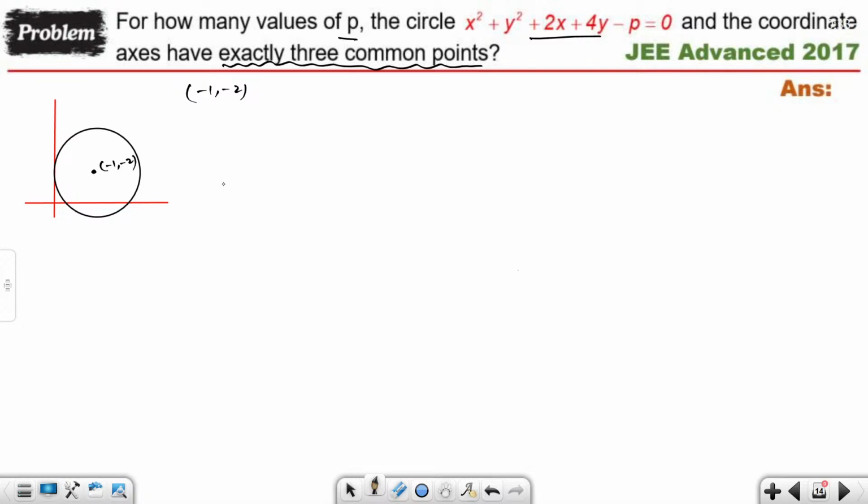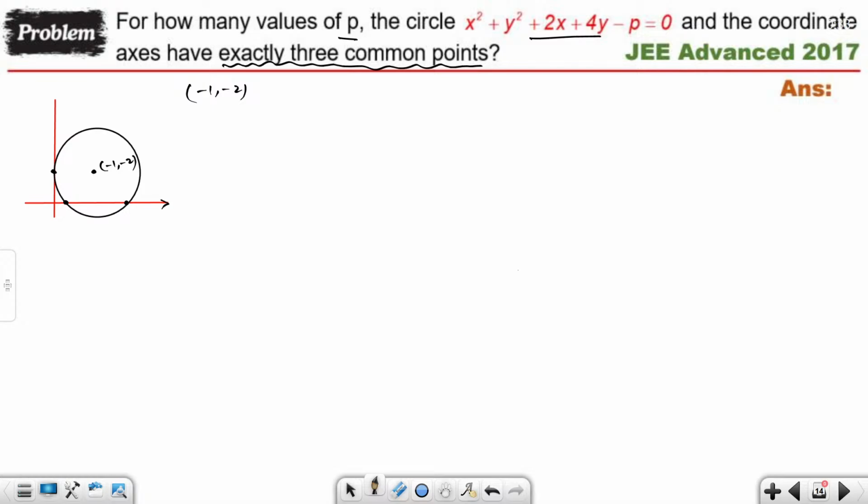I'm simply drawing a rough diagram to prove it. So now, when the circle is intersecting the x-axis at 2 points and touching the y-axis at only 1 point, this can be one case. Here there are exactly 3 common points between the coordinate axes and the circle.